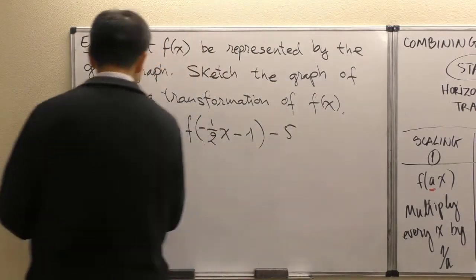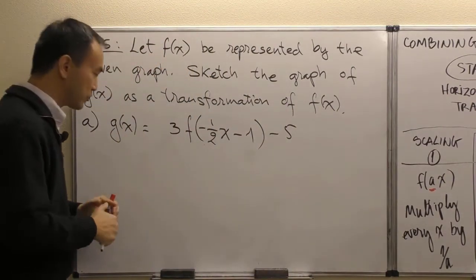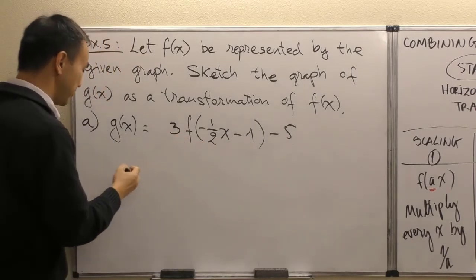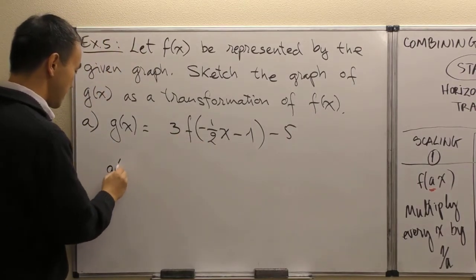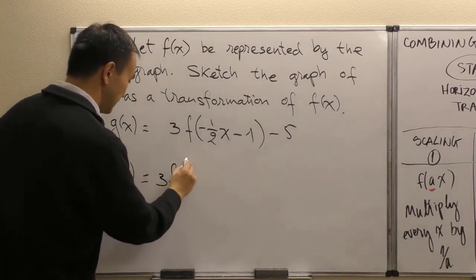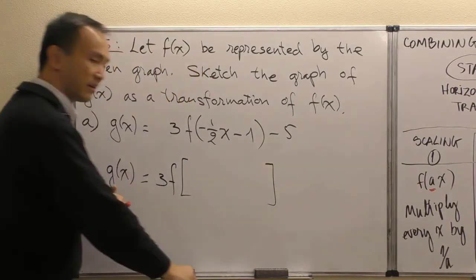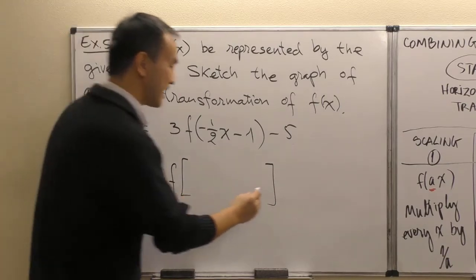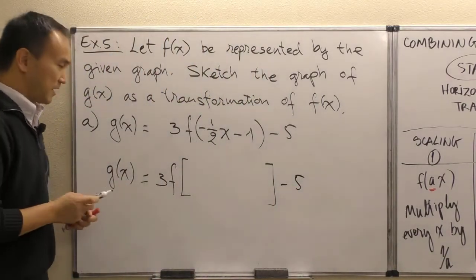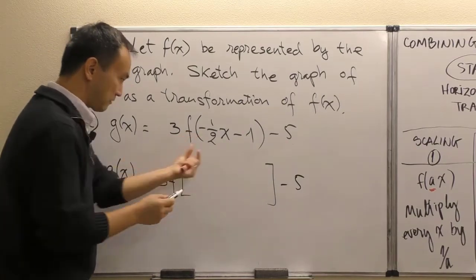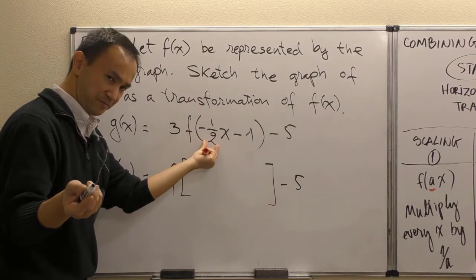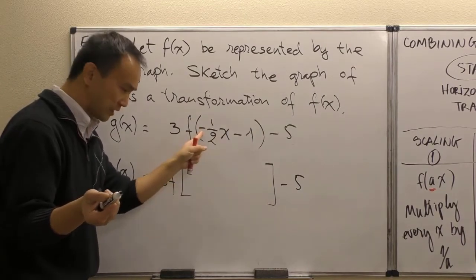All right, so now I am going to factor out that linear expression inside of my parent function. So really g of x equals 3 times f of, but now I have to use brackets to indicate that I will have 2 levels of parentheses. So now the negative 1/2, that linear coefficient, will be factored out including the sign.